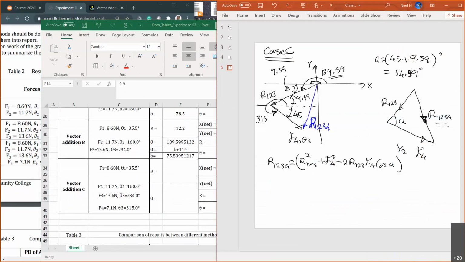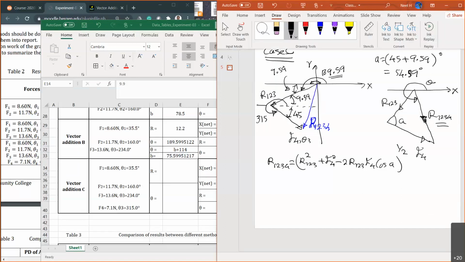Also, I need to get the angle, right? So the angle of this new resultant is actually this total angle. That is the theta, because it is always relative to x, right? Now this part right here to here, we already know.